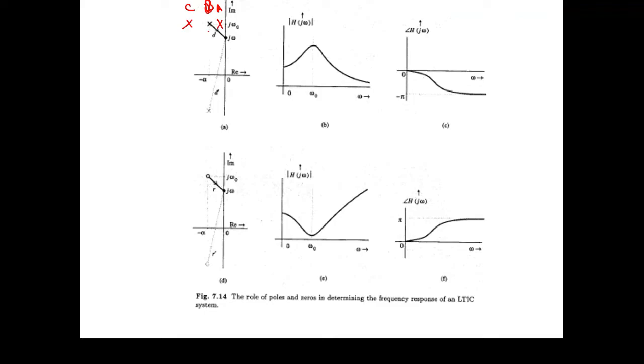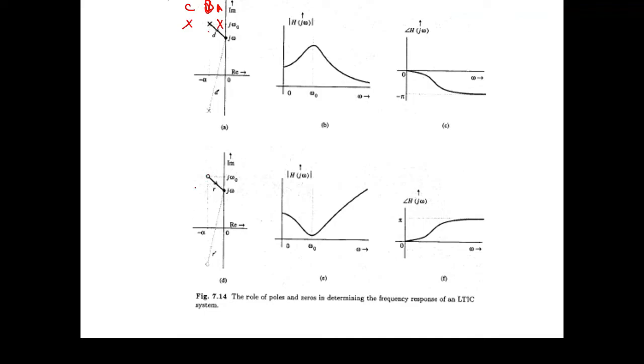So while designing any filter, you have to keep in mind that all the poles have to be placed in the left half of the S plane, not even on the imaginary axis. If you place a pole on the imaginary axis, the pole will make the system unstable.